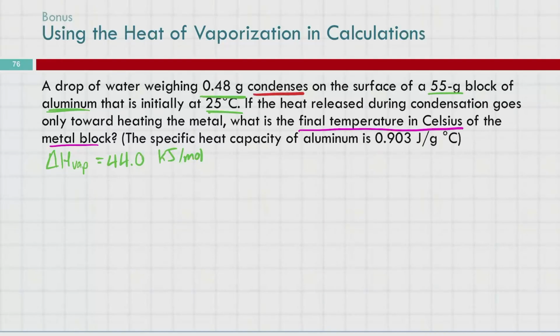And we are also given the specific heat capacity of aluminum at 0.903 joules per gram degree Celsius, which hopefully has you thinking Q equals mC delta T, because we'll also need that equation. So initially, the first thing we want to do is figure out how much heat is released during condensation.